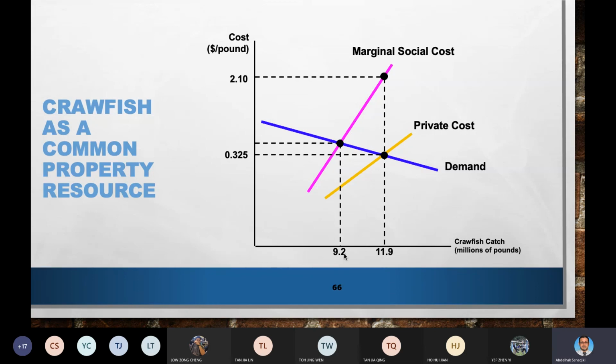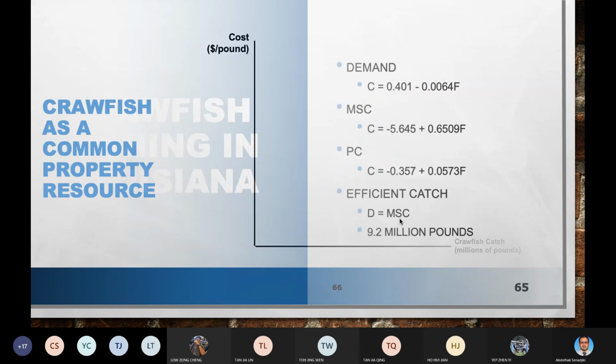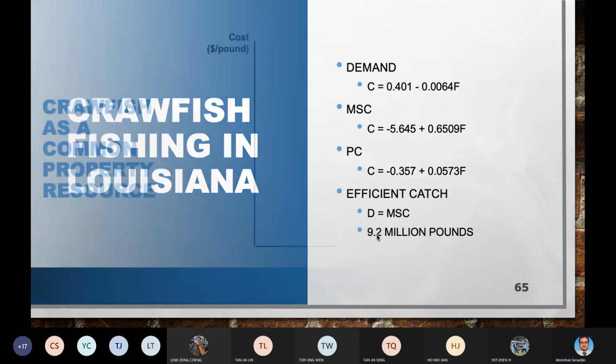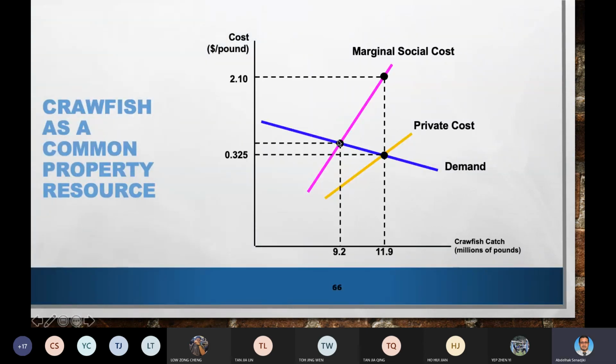So the government here needs to intervene. So we took that example of crawfish. We have designed this based on these equations, and we found an equilibrium at 9.2. So the marginal social cost intersects with the demand, or the marginal benefit, at 9.2, and the private cost intersects with the demand at 11.9.